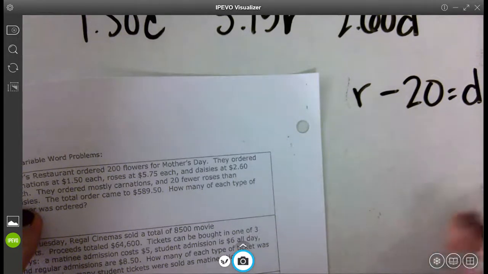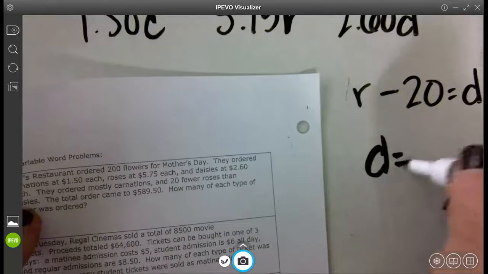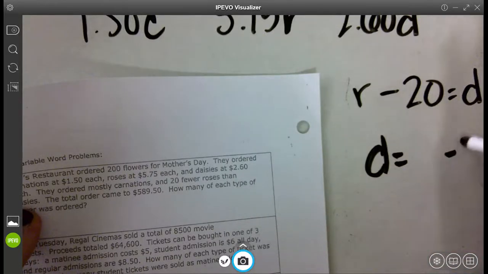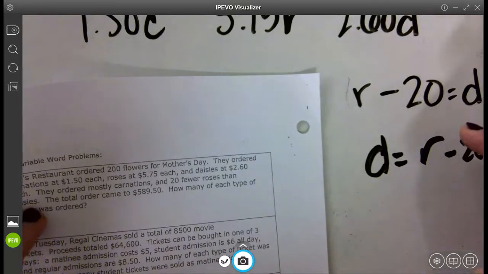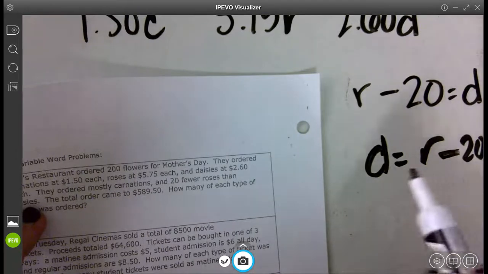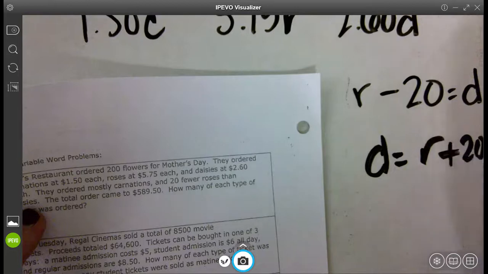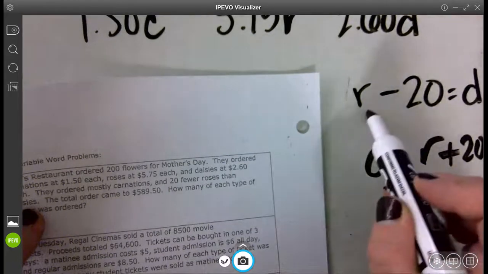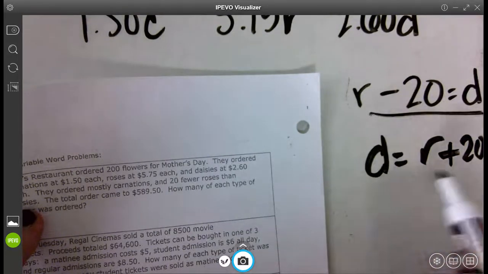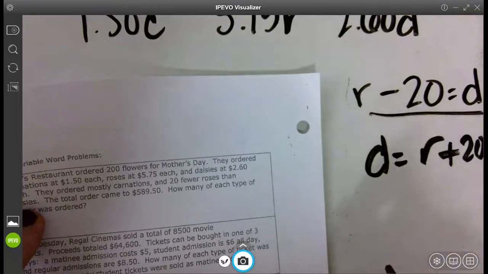So if you have daisies, it's 20 fewer than the roses. That doesn't make sense. So it says you have 20 fewer roses than daisies. So roses plus 20 would give you daisies, okay? So if you get the wrong one at first, use some fake numbers and try it around.